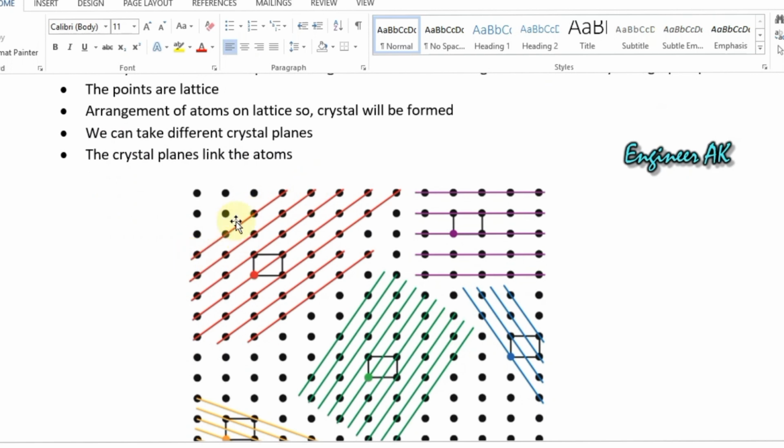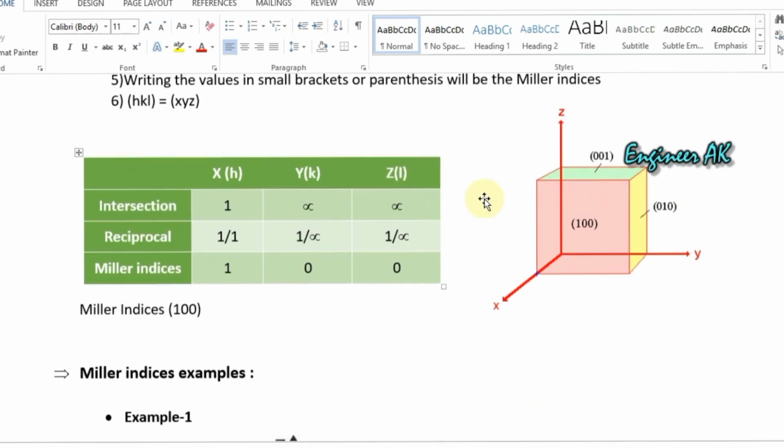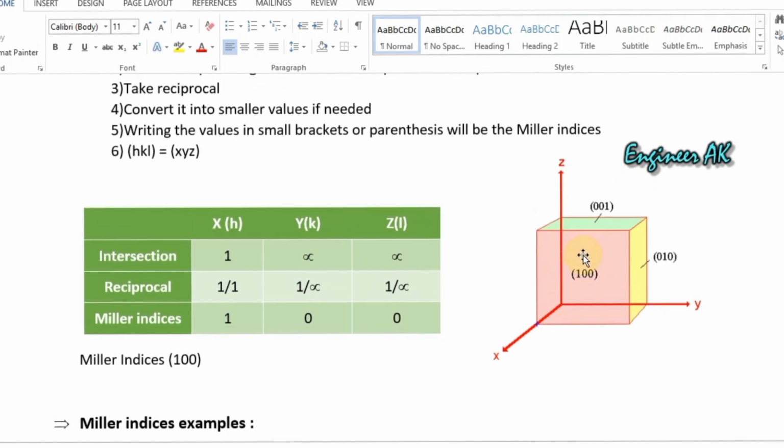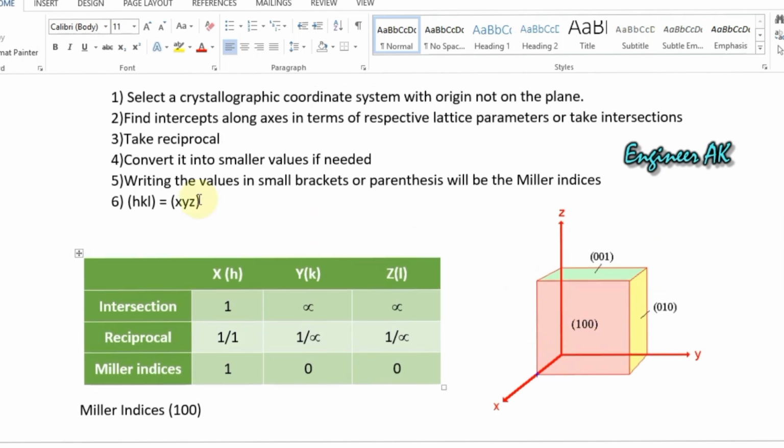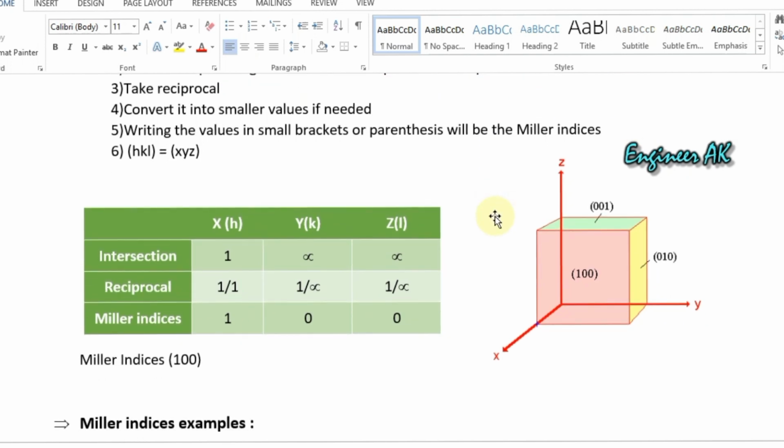If I place an atom here, it links the atom. Same, we have an atom at this corner, this corner, this corner, and this corner, so it joins them. So you cannot take the origin at the plane; you have to take it somewhere at this coordinate. Then find the intercepts in terms of the respective lattice parameters.